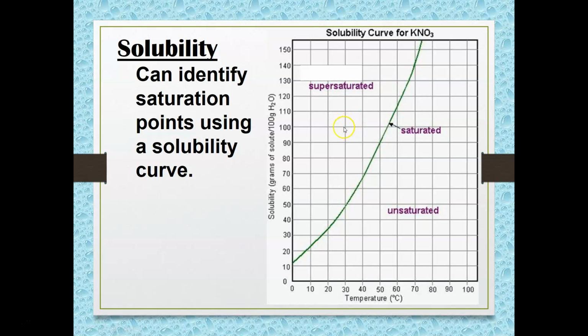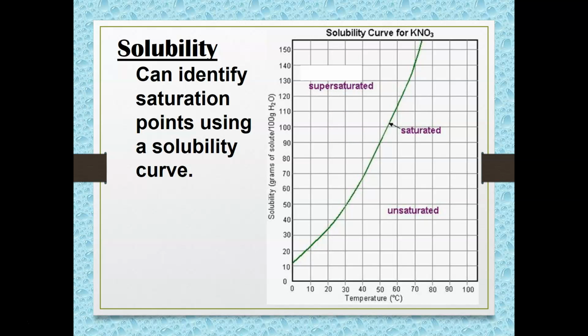Well, that's supersaturated. So what you would have to do is heat it up to at least like 55, 60 degrees, dissolve in as much as you want, cool it back down to 30, and then it would be supersaturated.